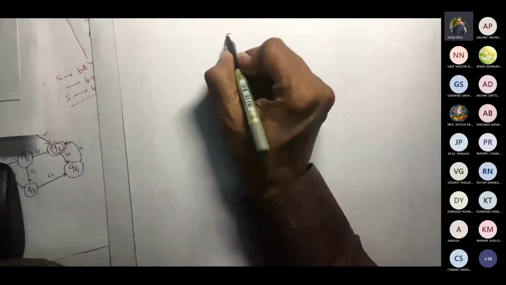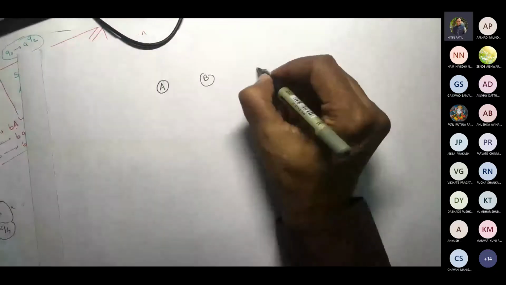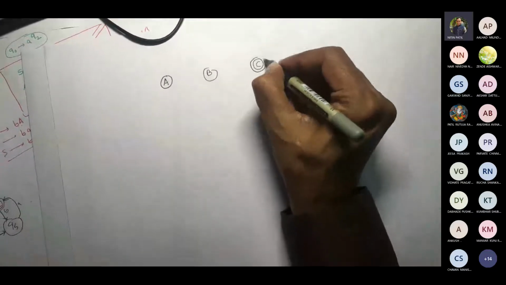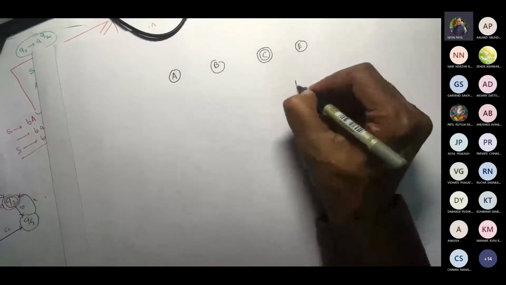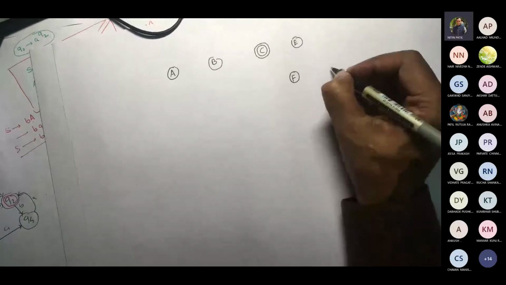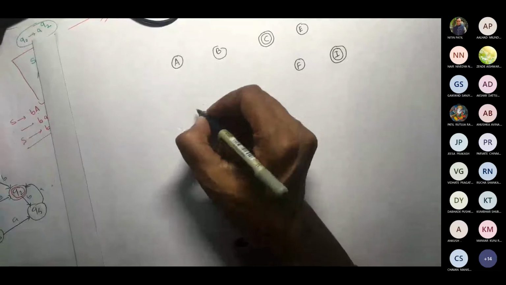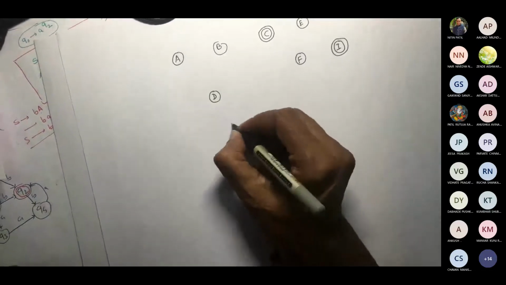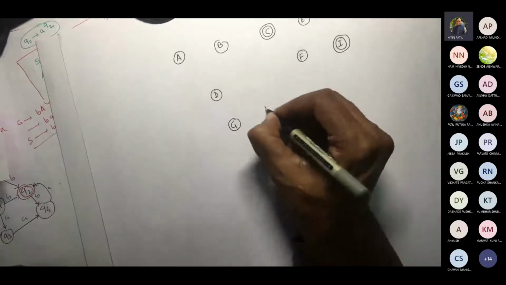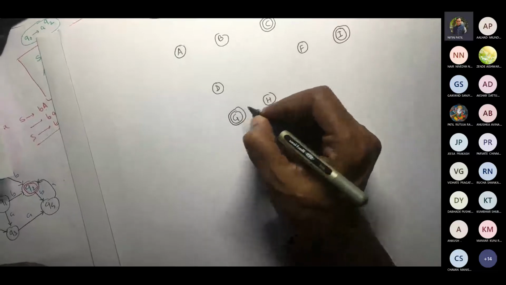So let me draw it. Please pay attention and let me know if I make any mistake in drawing it, because this is the solution that you gave. I'm assuming that this is correct. This is F, I, this is D, G, H. This is final.